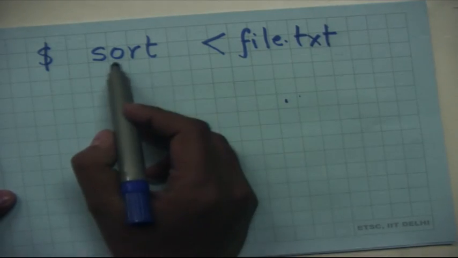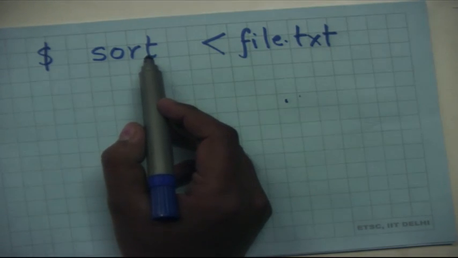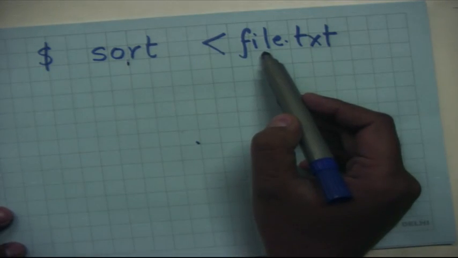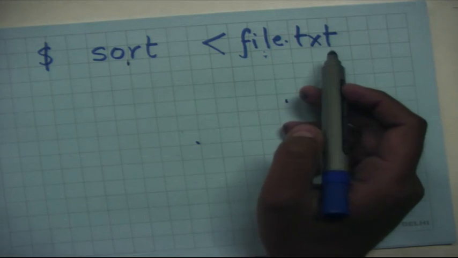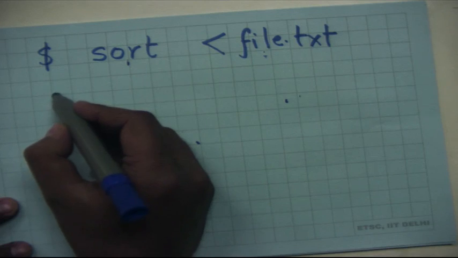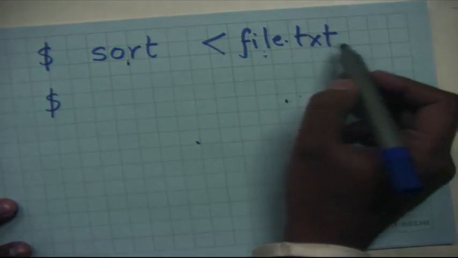So let's say there's a program called sort, just like there's a program called shell and there's a program called ls. There's a program called sort which takes input from its standard input and sorts it and prints the output to the standard output. Right? Let's say what I wanted to do was I want to first sort all the strings in this file called file.txt.